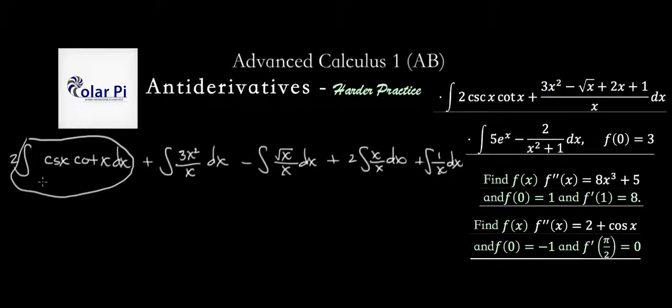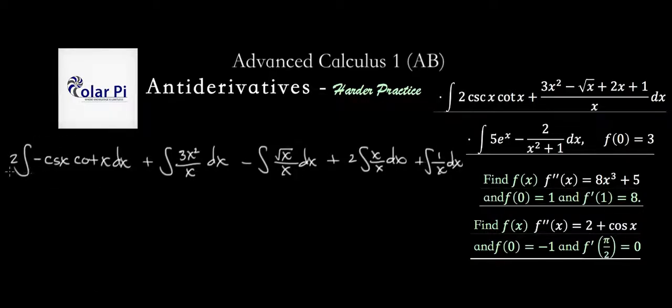If we had a minus sign right there, we'd say that what I circled here is equal to cosecant x, because the derivative of cosecant x is negative cosecant cotangent x. So I need that minus sign in order for me to claim that.